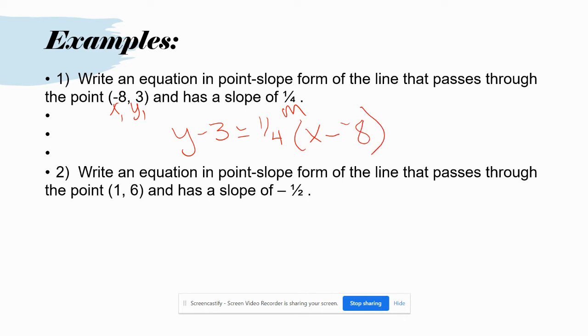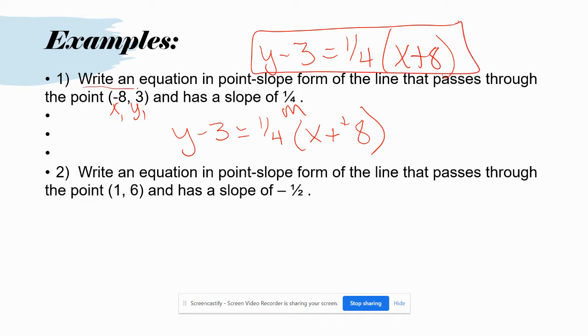This is where you got to be very, very careful. We want to make sure that the final answers we write are always cleaned up as much as we can. Remember, we add the opposite here. And so our final answer to that would be y minus 3 is equal to 1/4 times x plus 8.